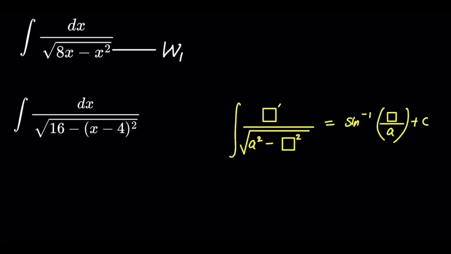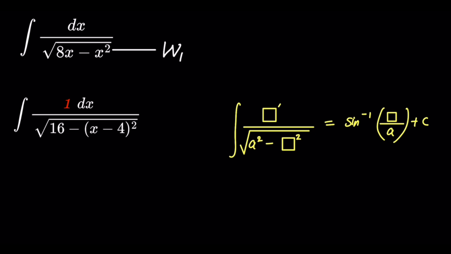You can see that this looks familiar, and it matches the standard integration form for the sine inverse. Now, let's compare the sine inverse integration formula with our original expression, and let's identify the parts. You can see that the box is x minus 4, and the derivative of the box is 1. The numerator is also 1.